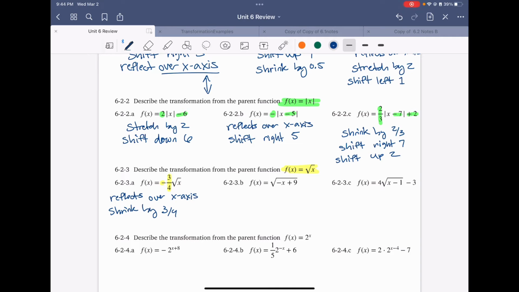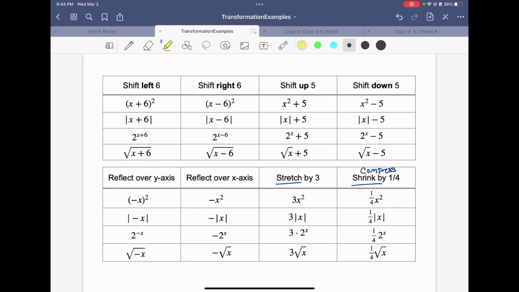All right, next one. The things that are different, I have a negative sign inside my square root now, and I have a +9. So I'm going to go back to the chart to show you something. So that negative sign, the negative inside my square root, looks like this. So now this is going to be a reflects over the y-axis. So that's the difference between reflecting over the y-axis versus reflecting over the x-axis.